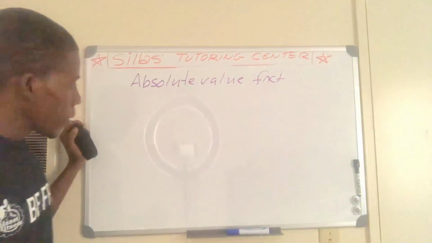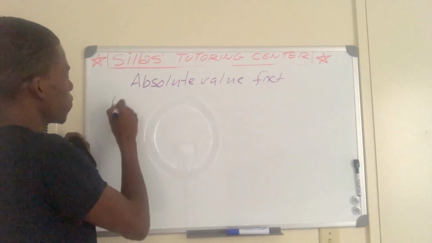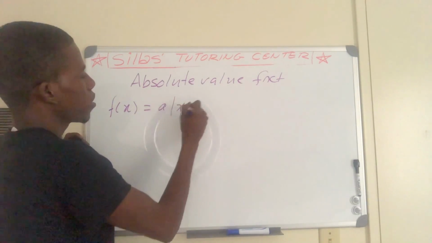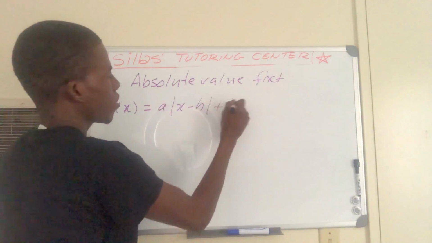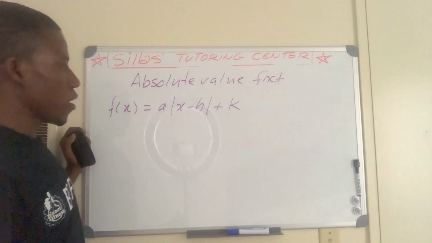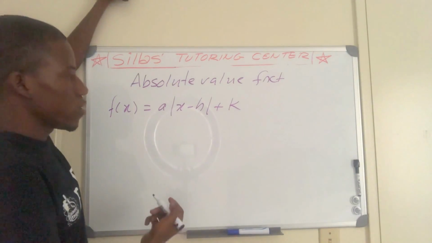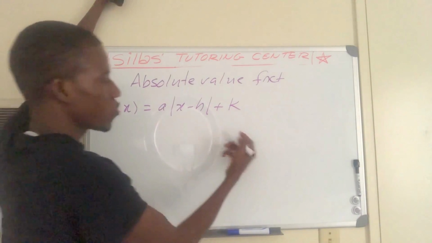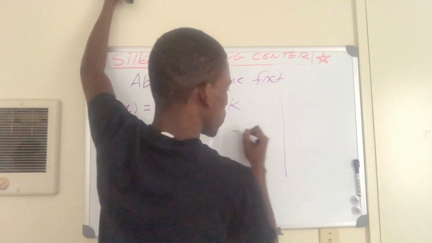Okay, so an absolute value function usually is a function that is in this form. In general, any absolute value function we have is in this form.